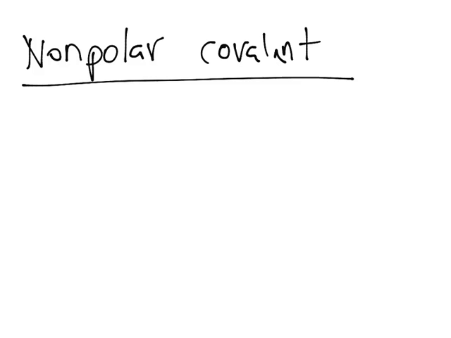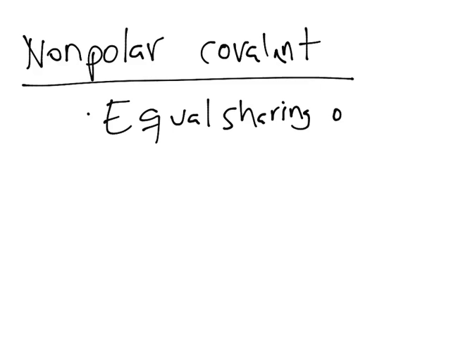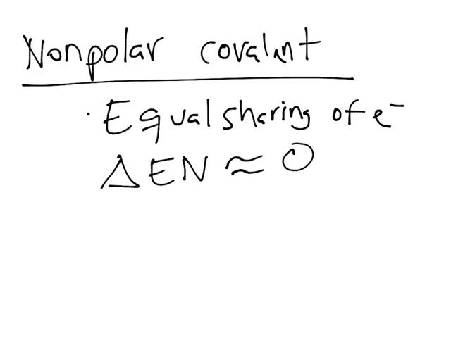When you have a non-polar covalent bond, there will be equal sharing of electrons, and our electronegativity difference will be 0. Actually, I'm sorry, not close to 0, it's always 0.